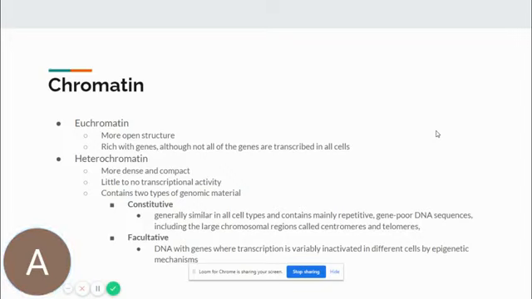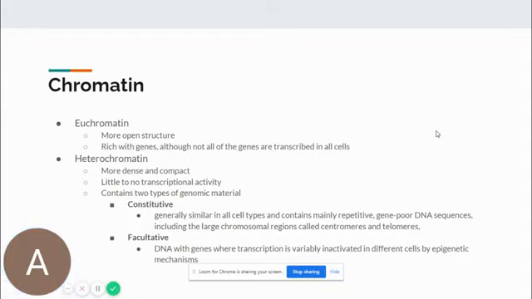So one is constitutive. When you say constitutive, usually it means that it is the same for all cells. It is found everywhere. It constitutes the whole body. Generally similar in all cell types, it contains mainly repetitive gene-poor DNA sequences, including the large chromosomal regions called centromeres and telomeres.